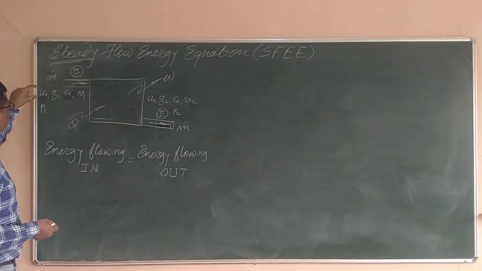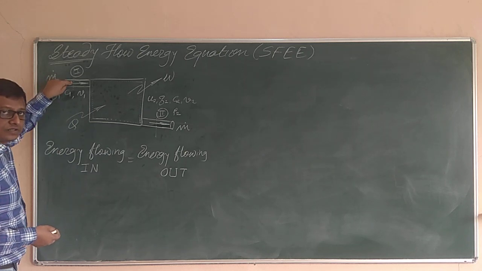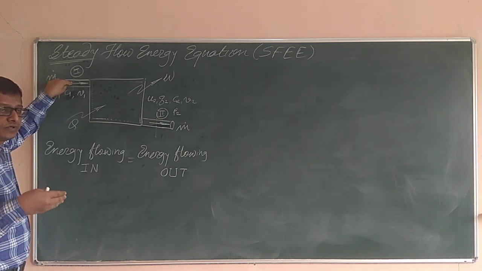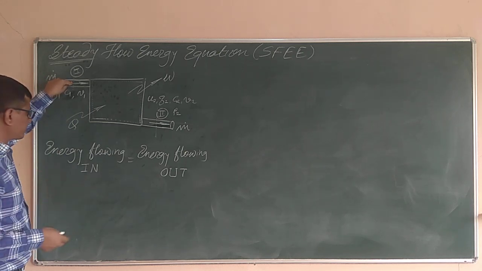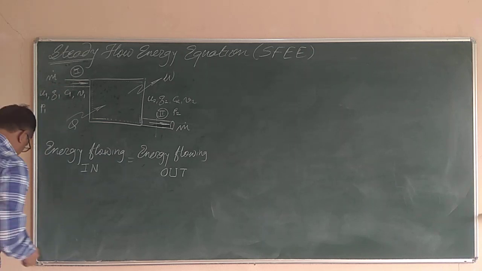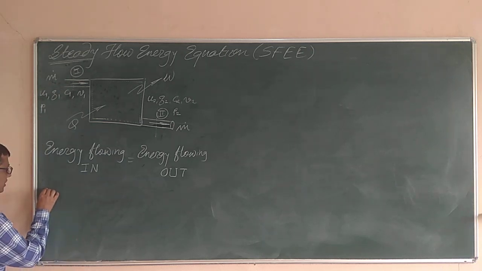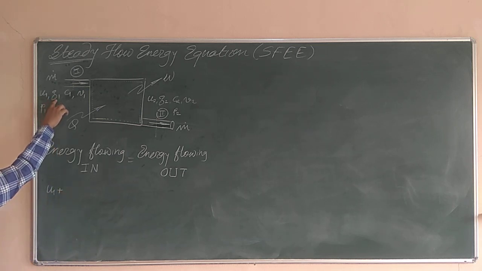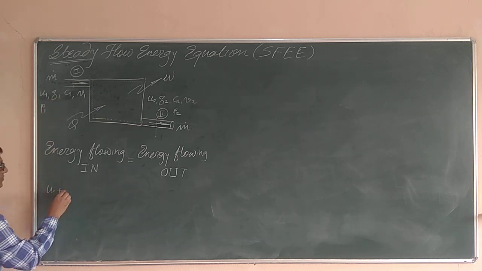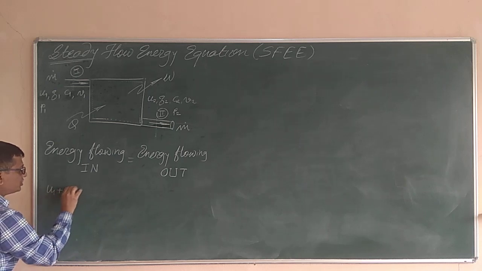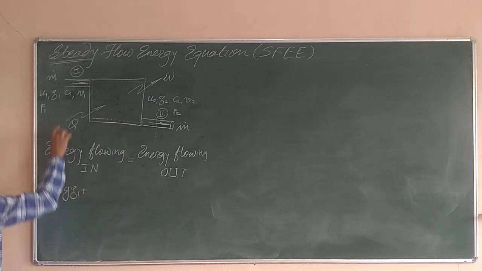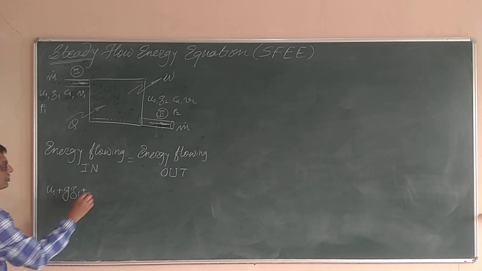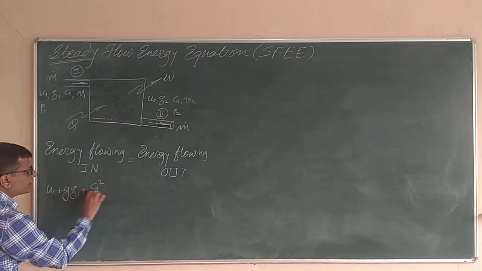Now let us take down the energy of the fluid which is going in. First of all, let us take down the internal energy. Internal energy is u1, plus the specific potential energy per unit mass of the fluid, which is g z1, plus the kinetic energy per unit mass, which will be C1 square by 2.